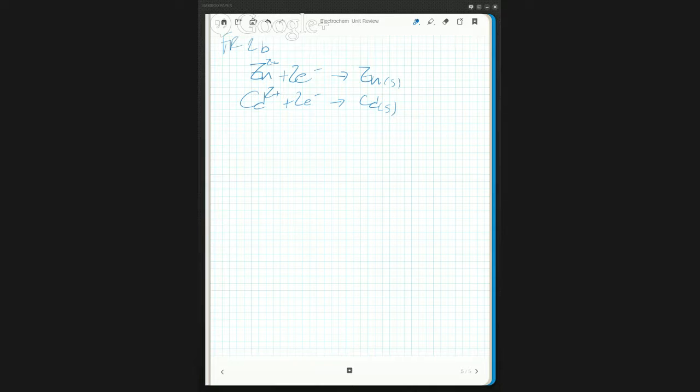I think I may have found one. Let me just double check that there's cadmium on it. Cadmium, not real common on these tables. There it is. We got it. Okay.